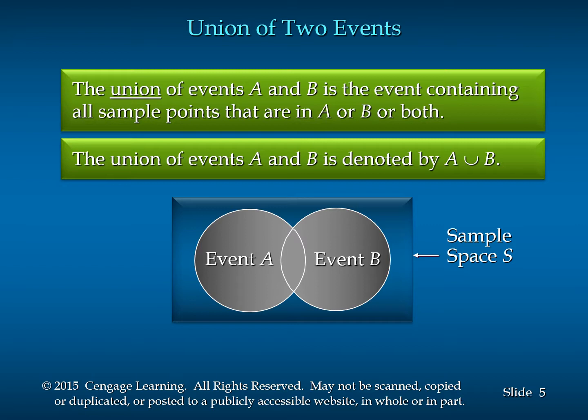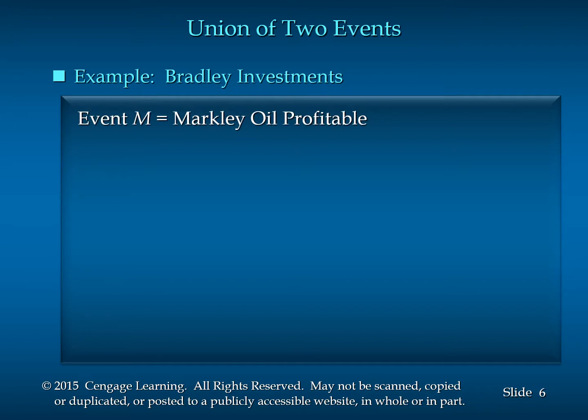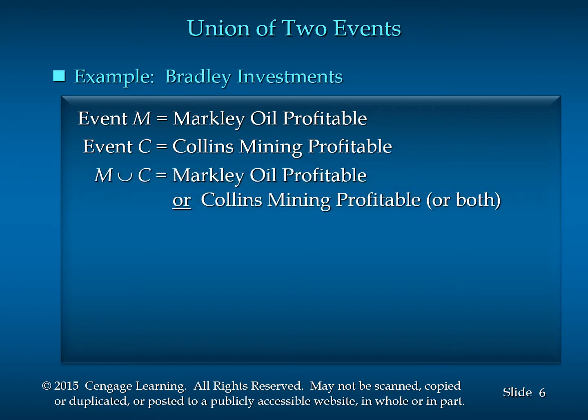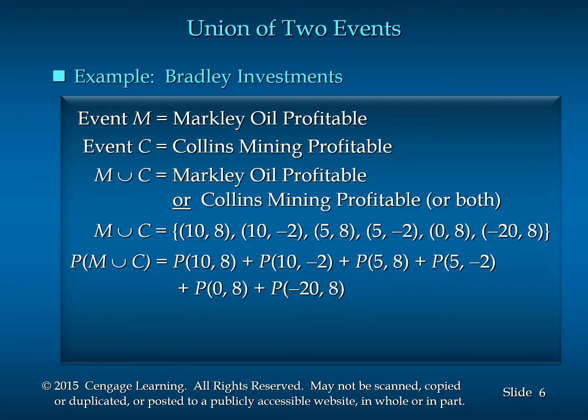Key on the word or, and note that the symbol designated union is the inverted cup, which looks like a wide U. Using the investment example data, the union of oil stocks being profitable, or mining stocks being profitable, or both being profitable is described here as the probability of the union of M and C, M or C.